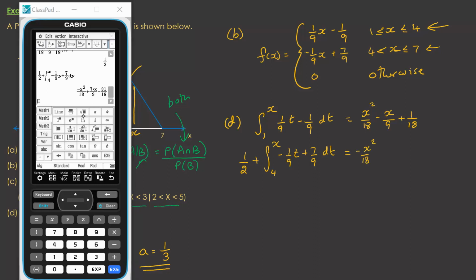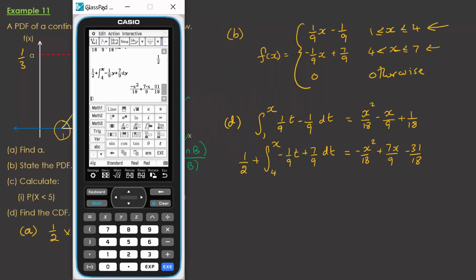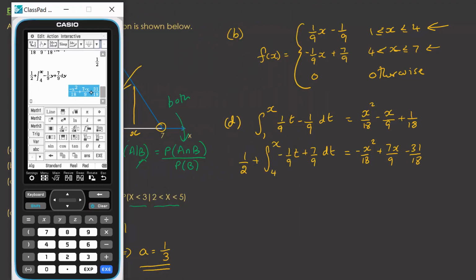-x² over 18 plus 7x over 9, take away 31 over 18. And to make sure that works, we know it should be 1/2 here and 1 when we get to there. It's always worth checking these things.